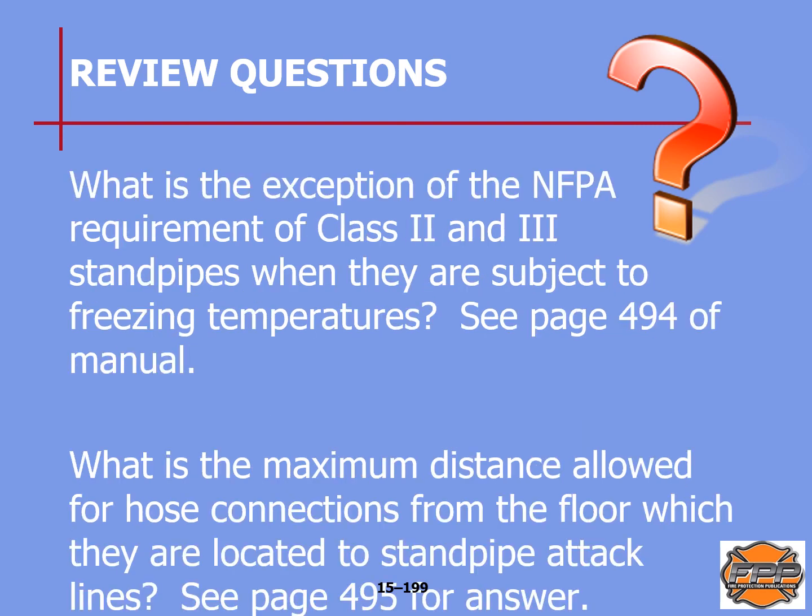Next question, what is the exception of the NFPA requirement of class 2 and 3 standpipes when they are subject to freezing temperatures? That will be on page 494 of your text. Next question, what is the maximum distance allowed for hose connections from the floor when they are located to standpipe attack lines? That is on page 495 for the answer.